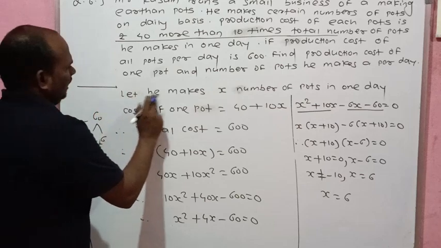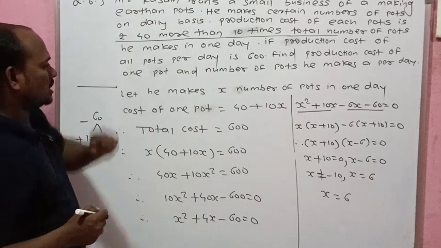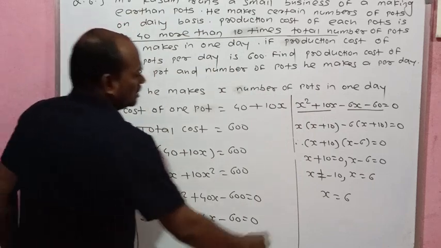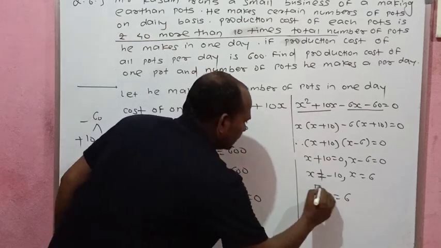Now, let he makes x number of pots in one day. That is, Mr. Kasam makes 6 earthen pots in one day.